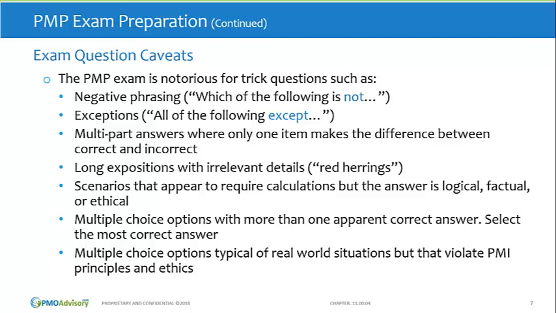Some questions could appear to have more than one correct answer. In this case, think about it carefully and select the most correct answer from the choices provided.